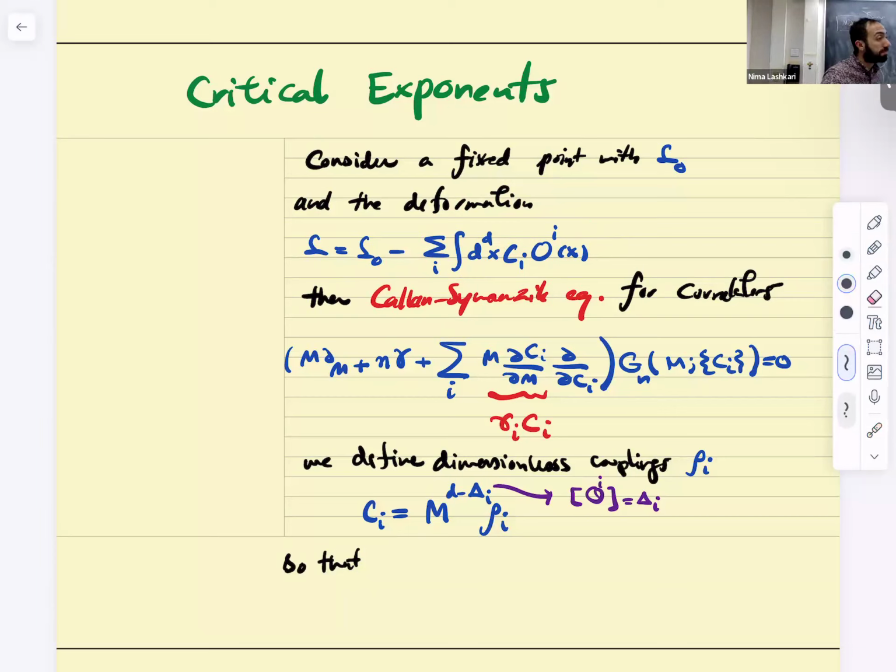It won't matter for the purpose of the conversation. Now, if O_I has dimension delta_I, I can write it in a dimensionless form in this way, where I've explicitly taken out the dimensionality of M and written it in terms of dimensionless couplings rho_I.